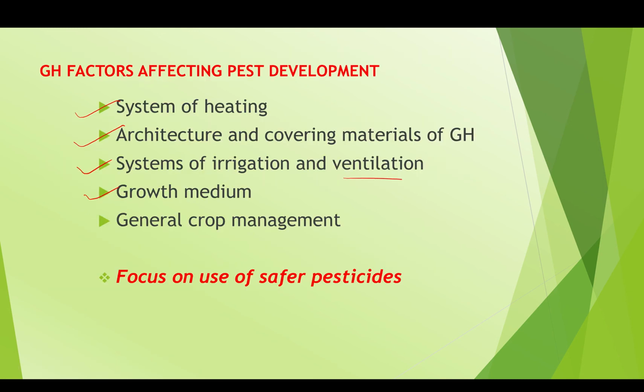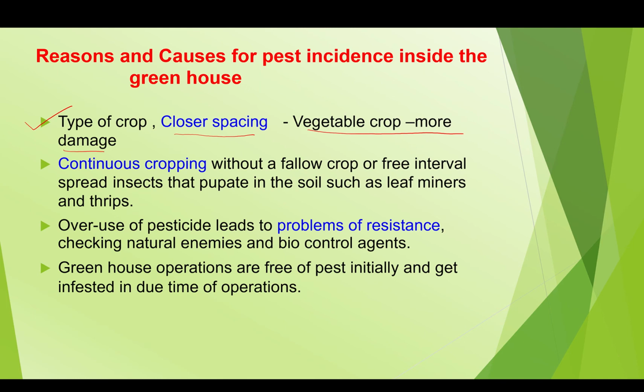Next, continuous cropping. Continuous cropping without a fallow crop or free interval means we should not continuously keep on growing crops inside the greenhouse. After the completion, for example, if you are growing tomato, it will go for 8 to 9 months.